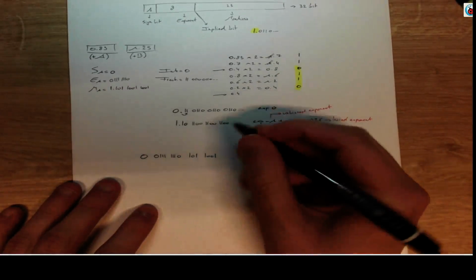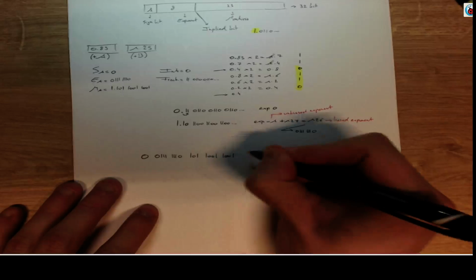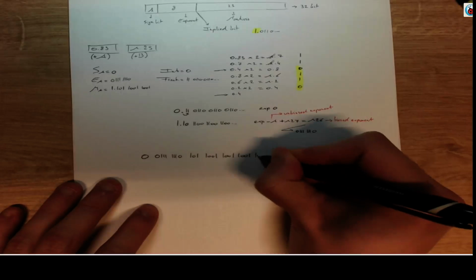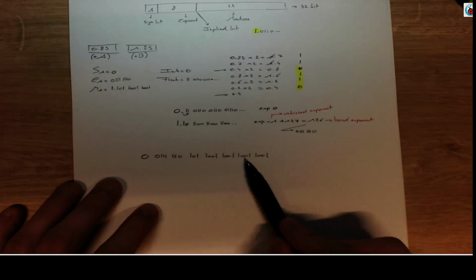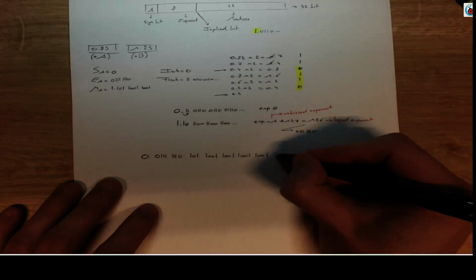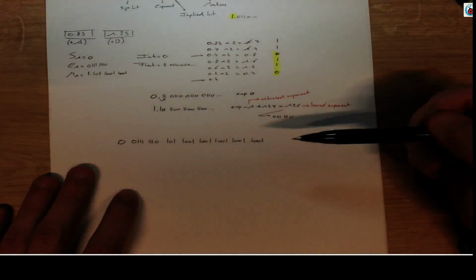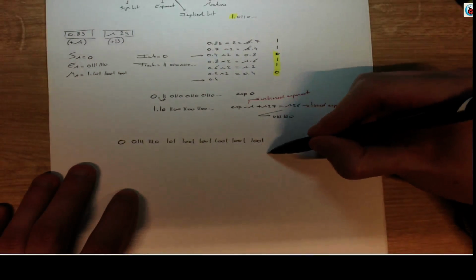So 1001, 1001, 1001, 1001. So I have 4, 8, 12, 16, 20, 24, 28, and 32. But remember, this is a repeating part. So this is my imaginary boundary of memory. I can keep writing 1001, 1001, 1001.